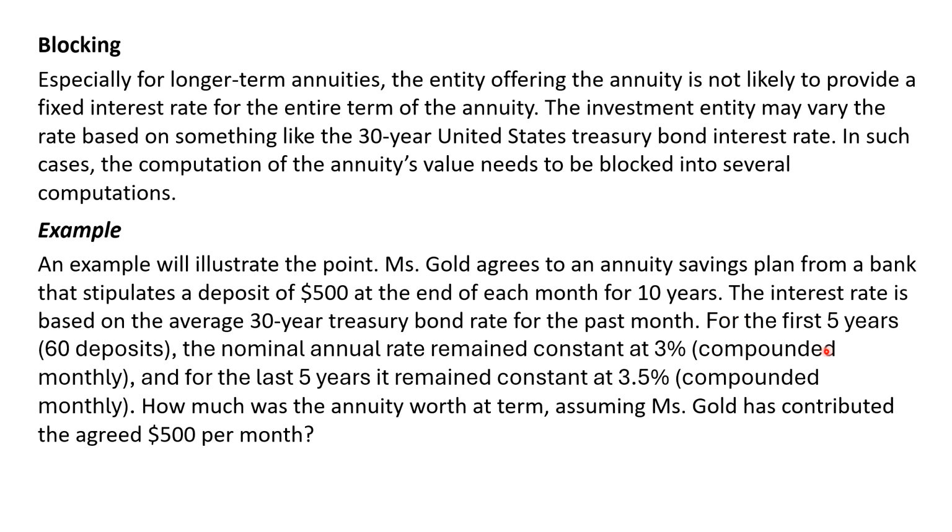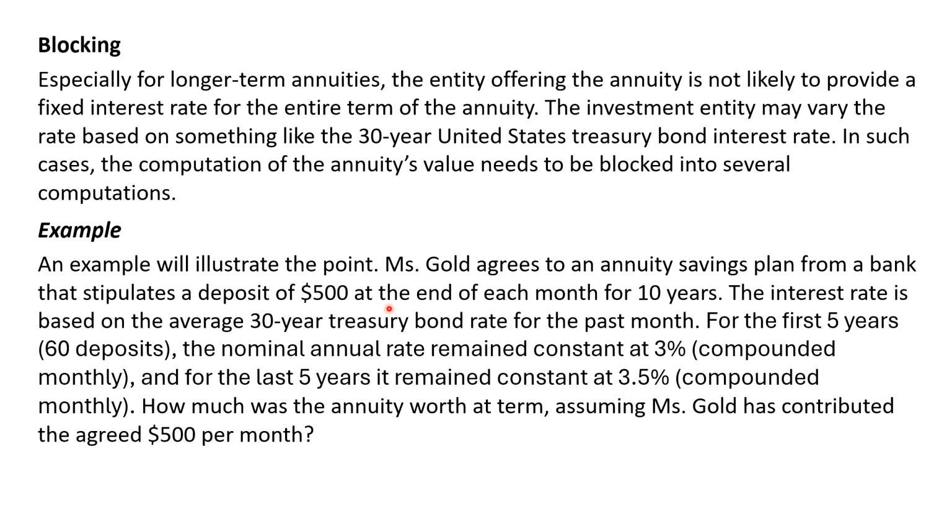For the first 5 years, 60 deposits, the nominal annual rate remained constant at 3% compounded monthly, and for the last 5 years it remained constant at 3.5% compounded monthly. How much was the annuity worth at term, assuming Ms. Gold had contributed the agreed $500 per month?